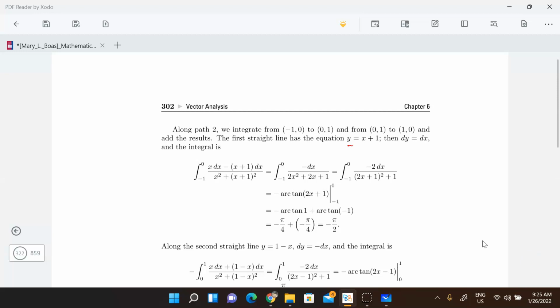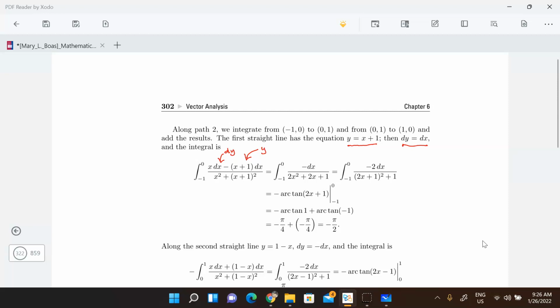That particular line is given by y equals x plus 1. Once you write this equation down, then you can convert your dy into dx and substitute everything in. So here's your y, and here was your dy previously.